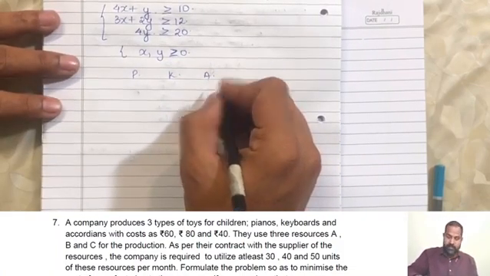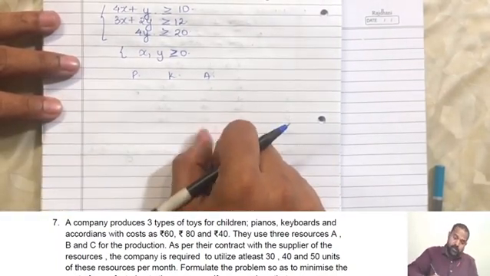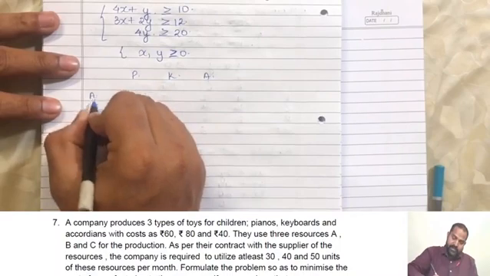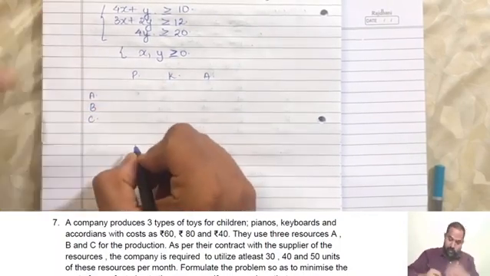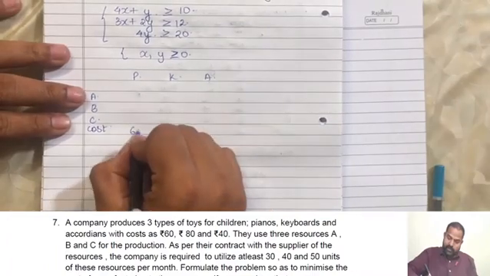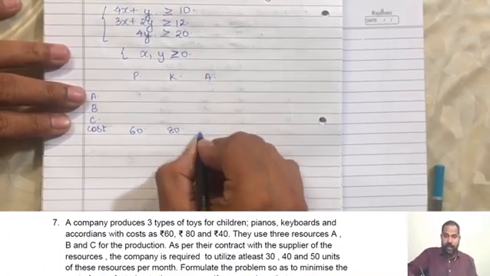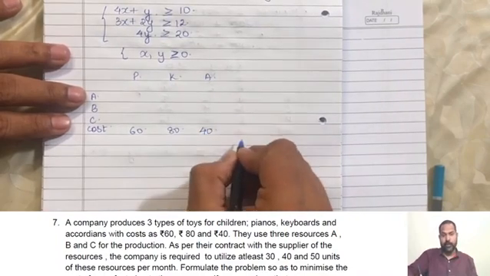The cost is given, which I'll write at the end. Let me see what resources are given. They use resources A, B and C. So A, B, C are the 3 resources that they use, and then I can write down the cost. What is the cost? 60 rupees for the piano, 80 rupees for the keyboard and 40 rupees for the accordion.